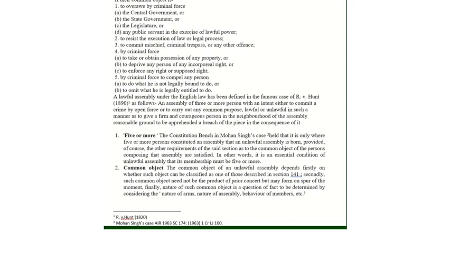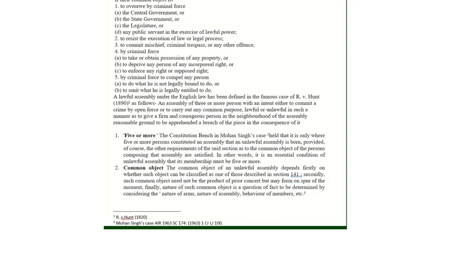The mere presence of a person at the scene of the offense or in the crowd does not make him a member of an unlawful assembly, unless it is proved that he did something or omitted to do something which would make him a member of an unlawful assembly. In other words, it must be proved that the person shared the common object, and that the object was one of those set out in section 141 of IPC.